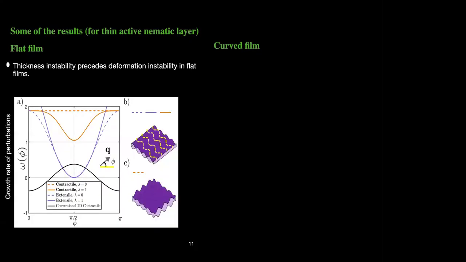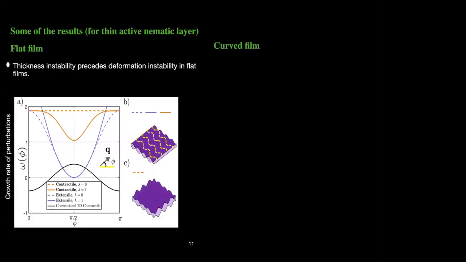And so here I only show the results. For example, in the case where we completely ignore the thickness, the traditional active nematic theories found that if you look at the instability in the nematic phase, the dispersion relation looks like the black curve I've shown here.